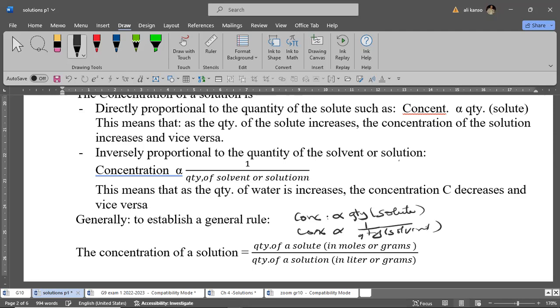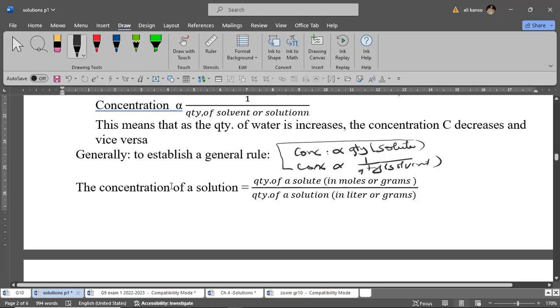These two proportionalities, we can express them in this equality: the concentration of the solution equals the quantity of the solute over the quantity of the solution.